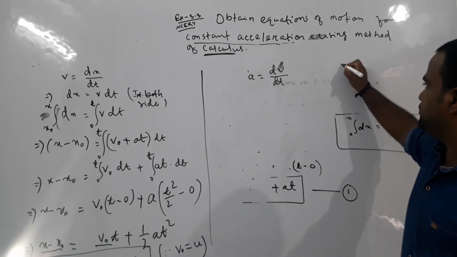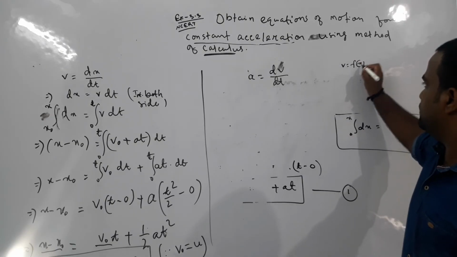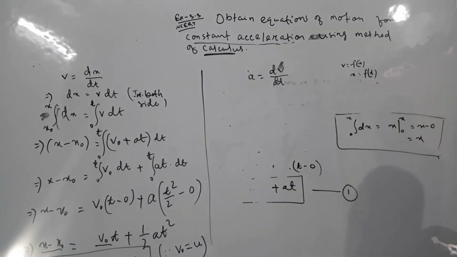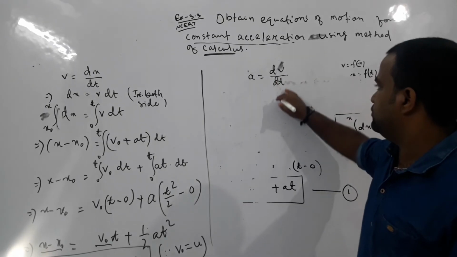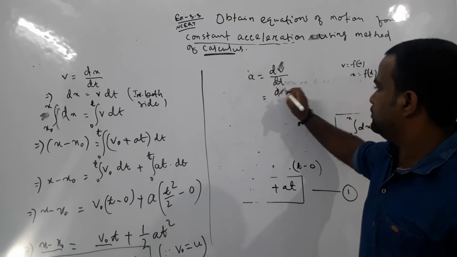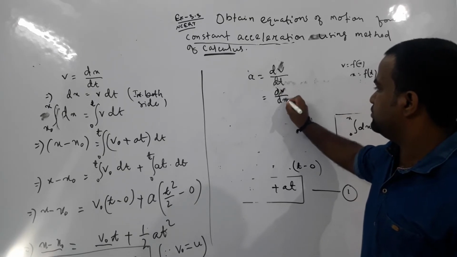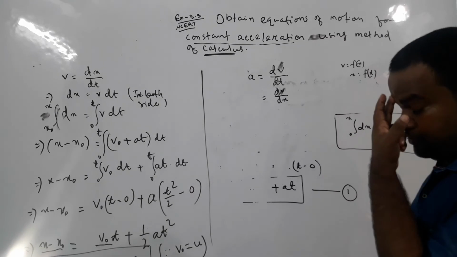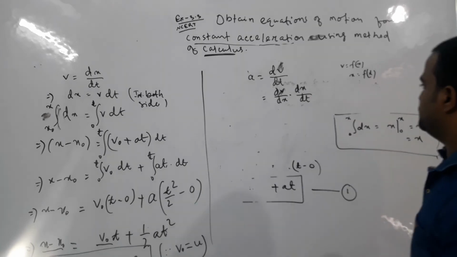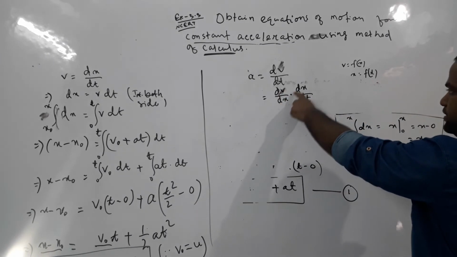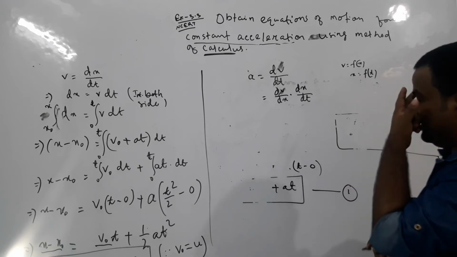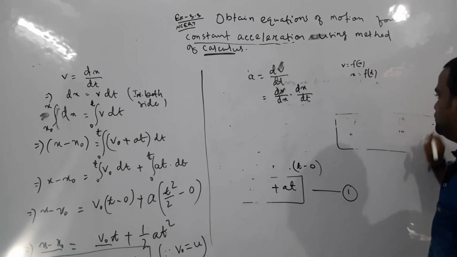Velocity is a function of x and x is a function of t. So using the chain rule, dv by dt is equal to dv by dx times dx by dt, that is, dv with respect to x and dx with respect to t.